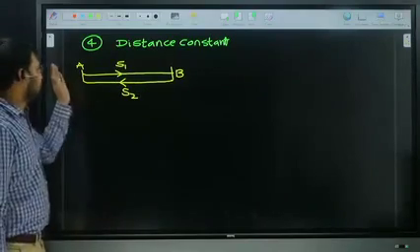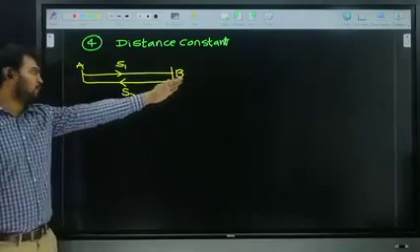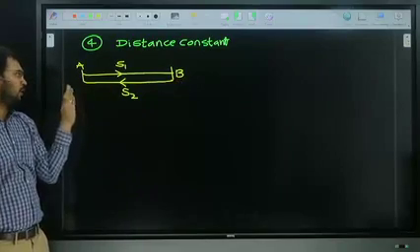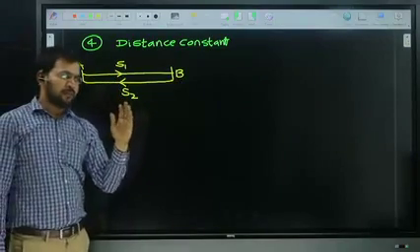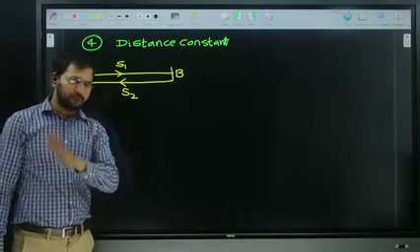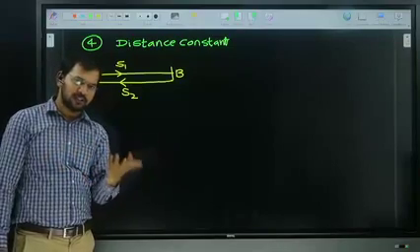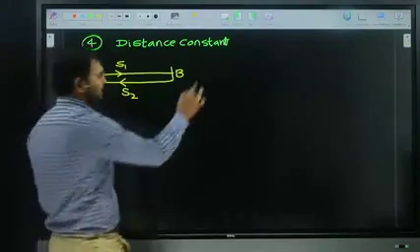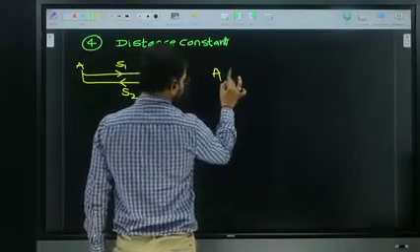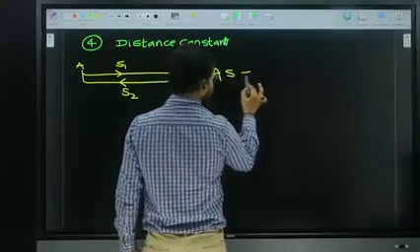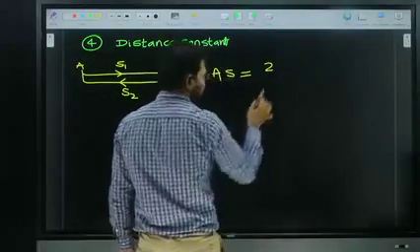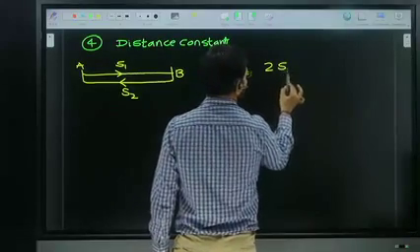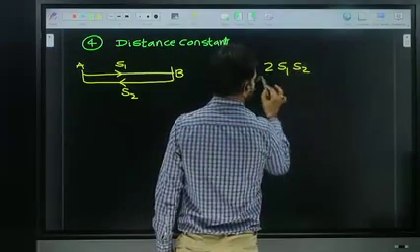A person traveled from A to B and came back along the same route from B to A. So the distance from A to B is equal to the distance from B to A. In both cases the distance is the same. They are asking for the average speed. In this case, average speed is the familiar formula: 2 into s1 s2 by s1 plus s2.